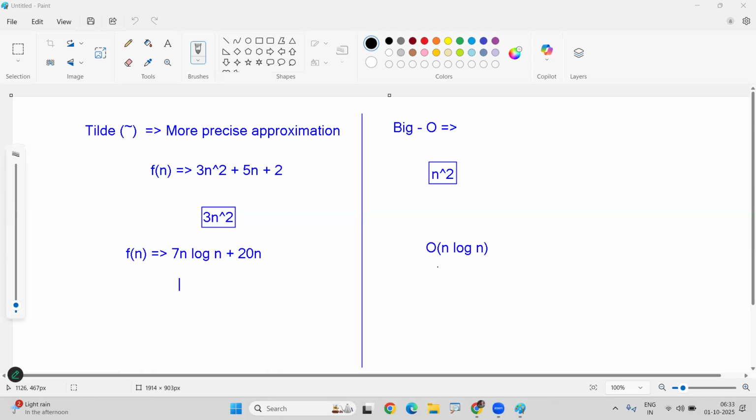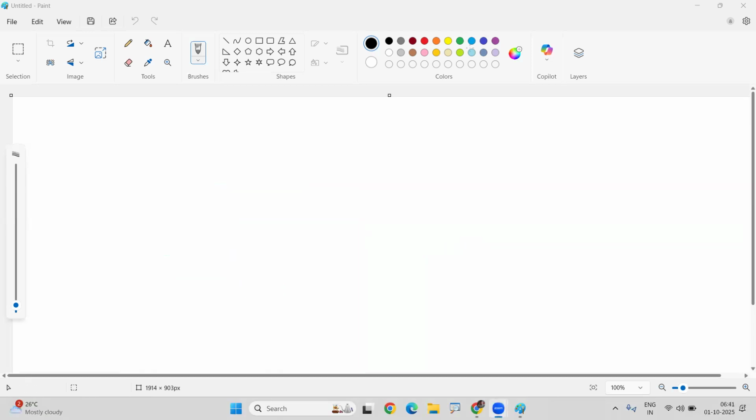But in tilde notation, we consider that 7 also: 7n log n. That's the difference. It takes the highest term, the leading term, with its constant. That is tilde notation.